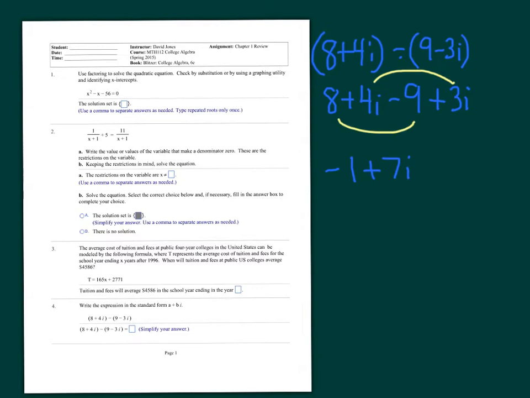And as long as the i term is second, this answer is fine. This is in that a plus bi form.